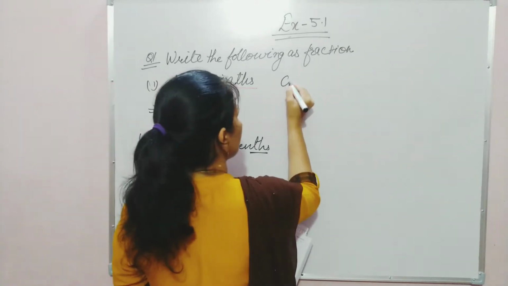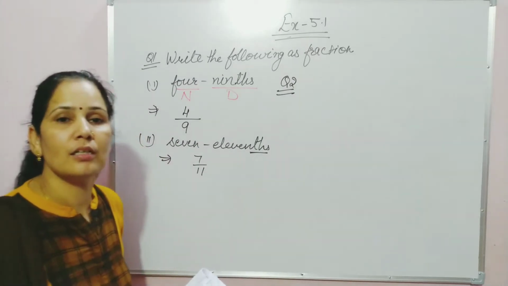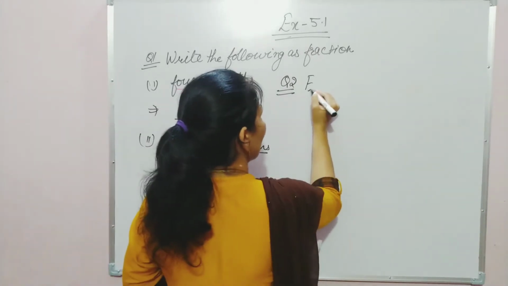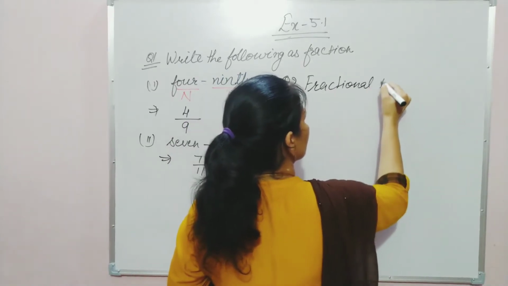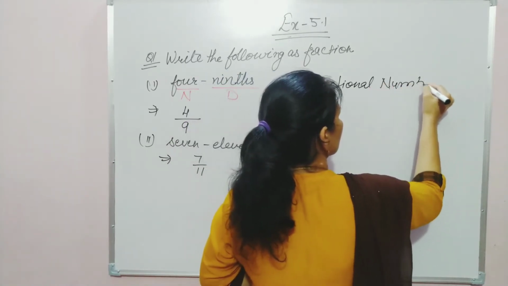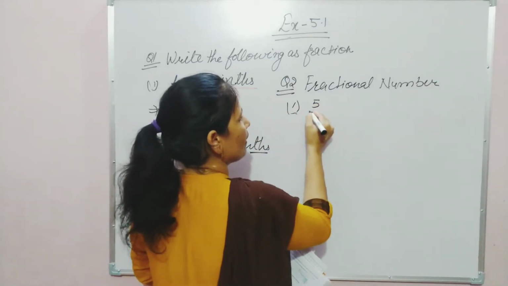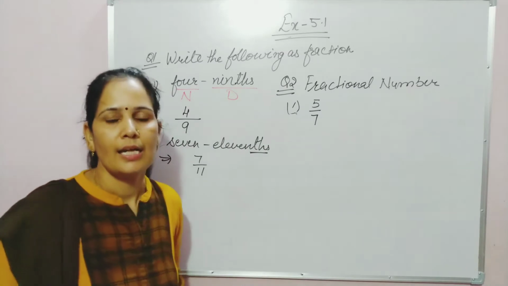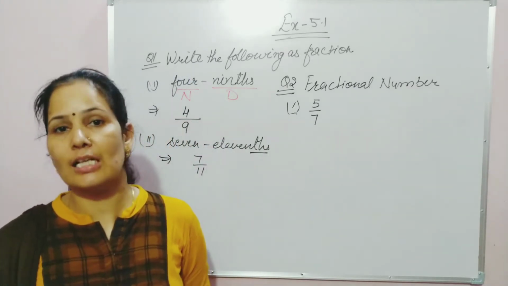Question number second. Write down the fractional number. What we have to write? Fractional number. Okay students, now the first one given is 5/7, and we have to write this as a fractional number.